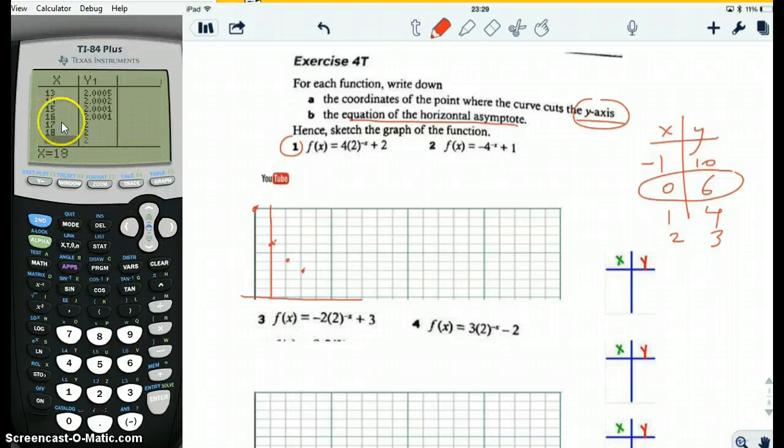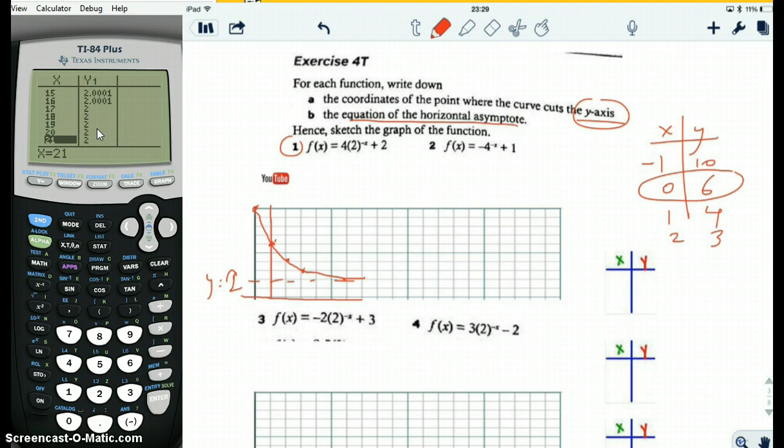Okay, now on the calculator it says at 17 that it gets to 2, but actually it's just too small to display. So we can see that the horizontal asymptote is 2. So you could draw a dotted line to represent the horizontal asymptote and show that the exponential function is approaching y equals 2, but never touches it.